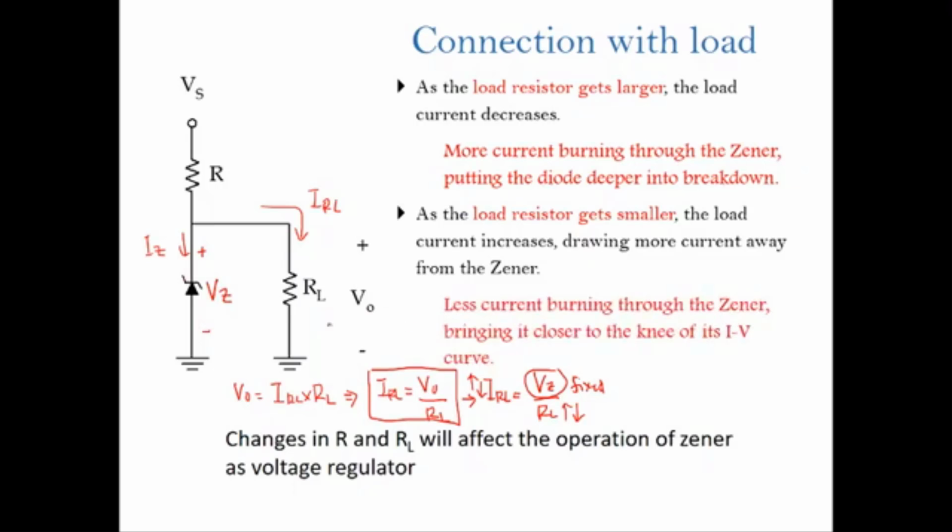Less current is going through the Zener, and then there is some possibility that the Zener will operate near the minimum, the VZK, the knee voltage of the Zener diode. This analysis shows that changes in resistors R and RL will affect the operation of the Zener as a voltage regulator.